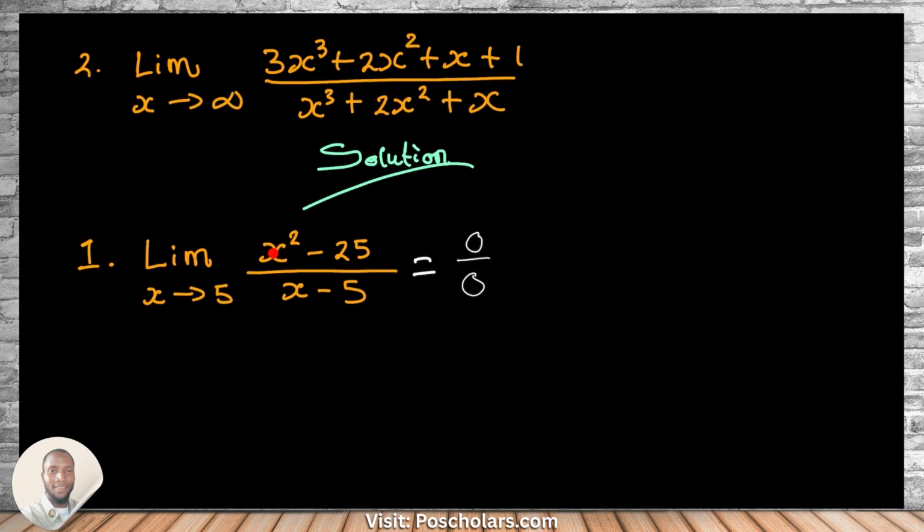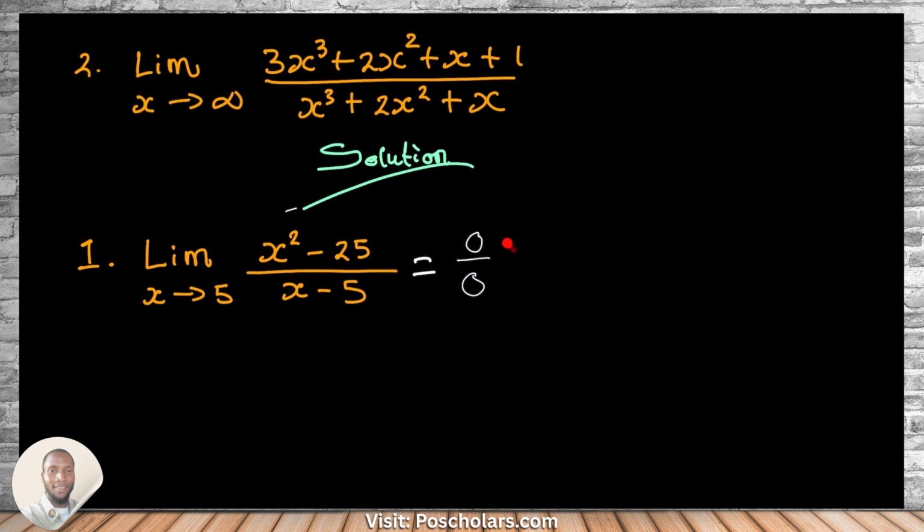Substitute 5 into this. You have 5 times 5, which gives 25. Then 25 minus 25 gives 0. Similarly for the denominator, substitute x as 5. It becomes 5 minus 5, and this also gives 0.